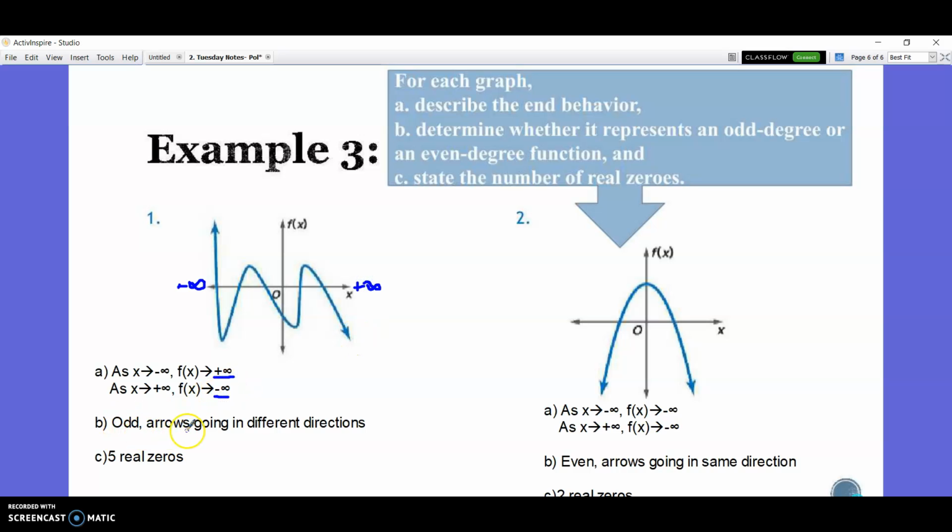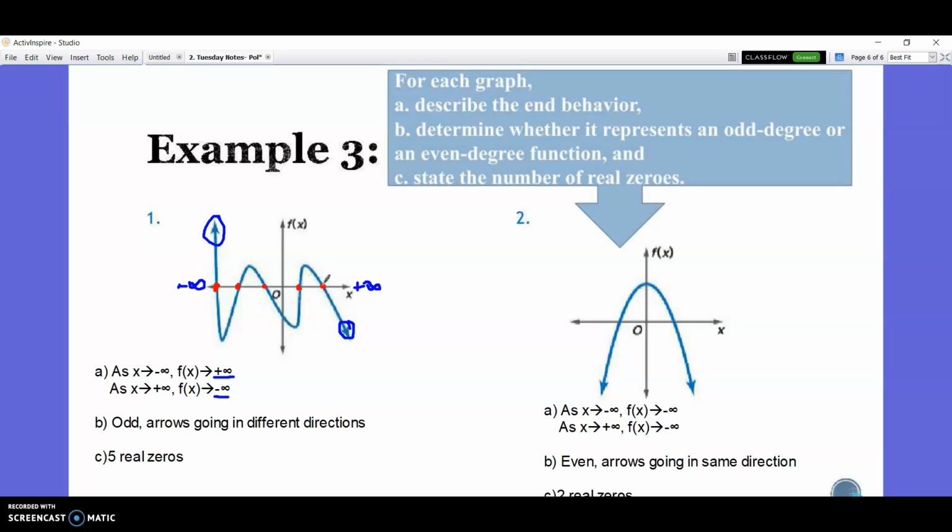That means that it is odd because these are opposite. They're going in opposite directions. One's going towards positive, the other one's going towards negative, so it has to be odd. And then for the number of real zeros for C, just count the number of times that it crosses the x-axis. So there's 1, 2, 3, 4, and 5 real zeros.